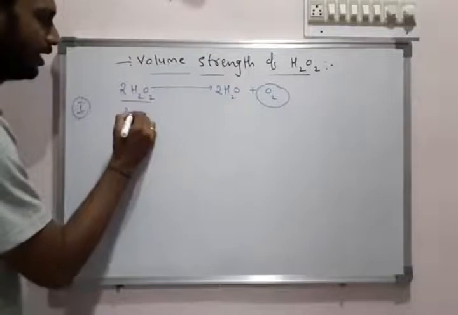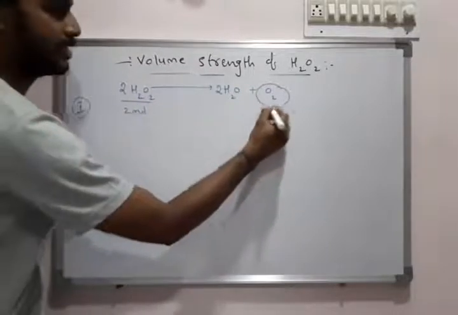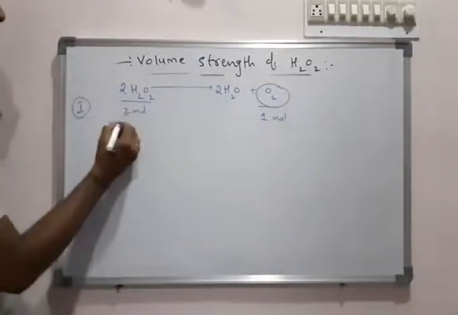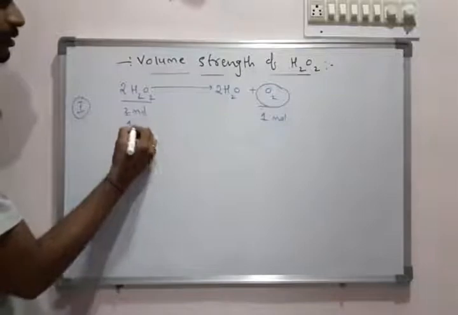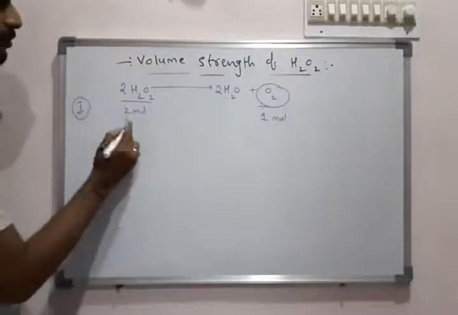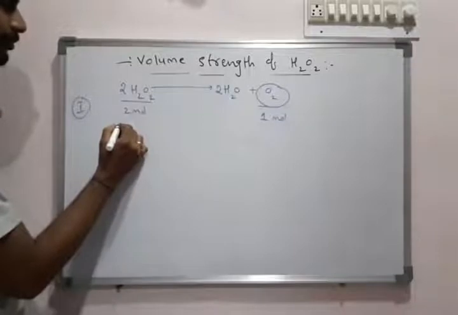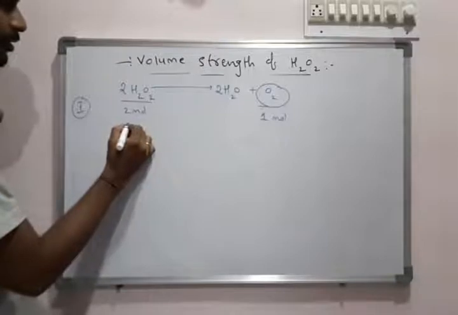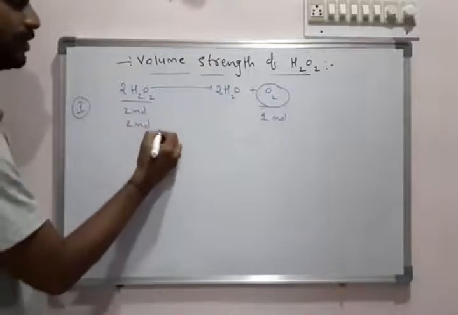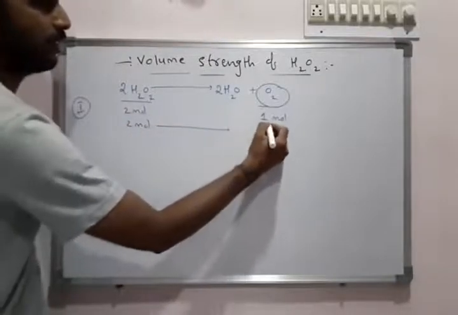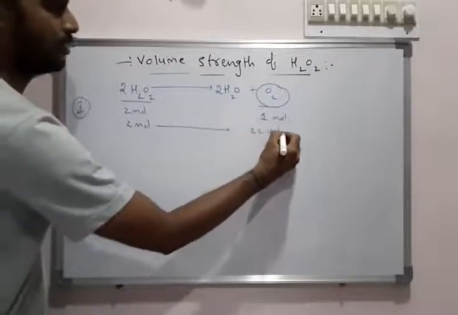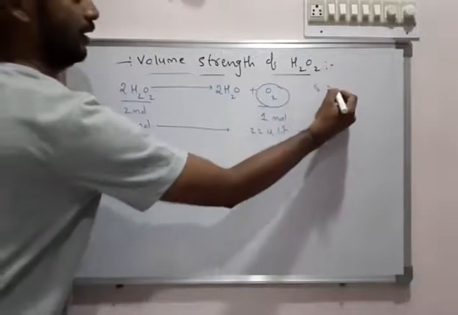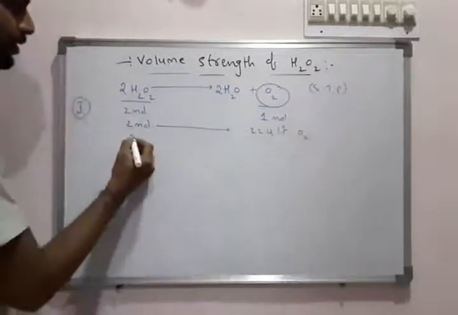Here 2 moles of hydrogen peroxide releases 1 mole of oxygen. 2 moles of hydrogen peroxide gives 1 mole, which means 22.4 liters of oxygen. These are all at STP.